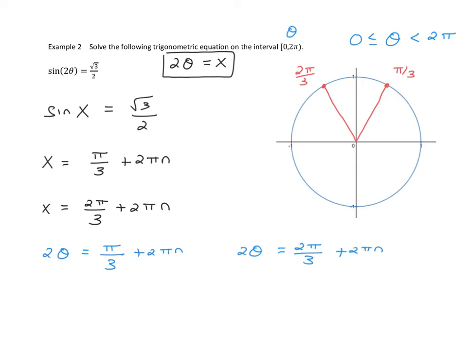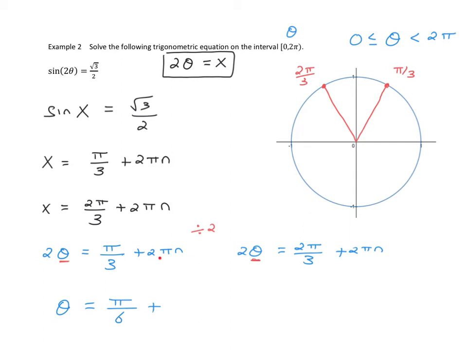So I'm just going to make a note that if you're solving for theta, what you need to do is divide both sides by 2. So if I divide this side by 2, I'll just be left with theta. And I have to divide pi over 3 by 2 and 2 pi n by 2. Pi over 3 divided by 2 puts a 2 into the denominator, and that gives me pi over 6.